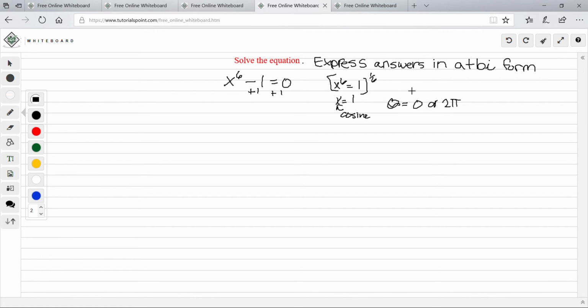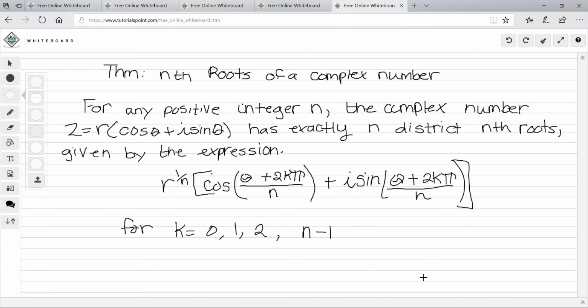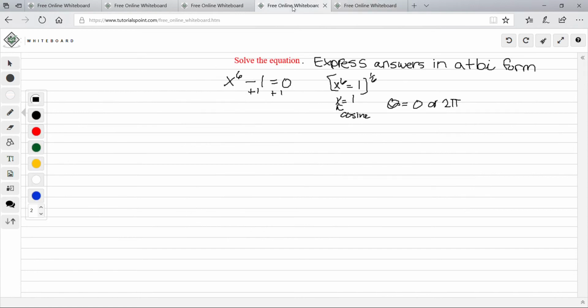So I'm going to put it in this formula right here. So I'll put it right here to the left. So it's 1 to the 1/6, cosine of 0 plus k360 over 6.